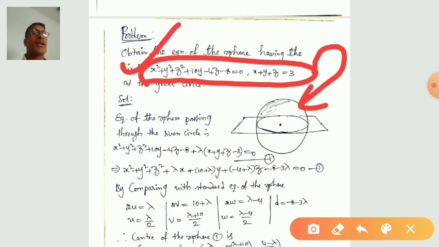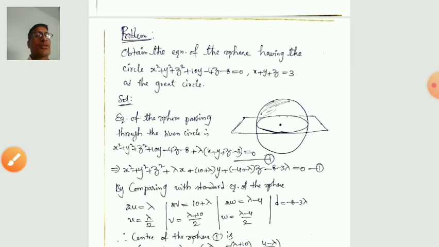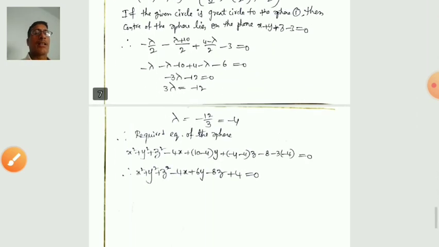First we assumed the common equation of any sphere passing through the circle in terms of lambda, and by applying the condition that the circle is the great circle to that sphere, that means by substituting the center of the sphere in the equation of the plane, we get the lambda value. By putting the lambda value back in the common equation of the sphere, we get the required equation of the sphere. This is the procedure whenever you are given such type of problems.